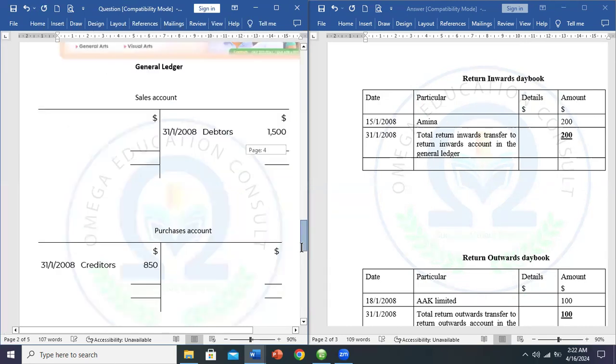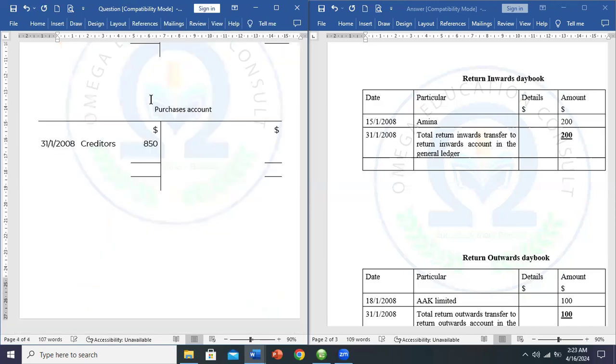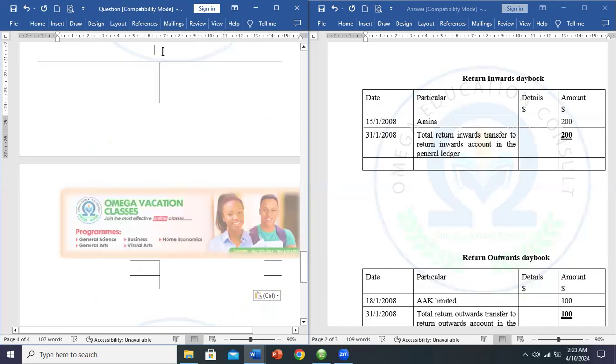So in my general ledger, I need an account for return invoice. And this time I'm supposed to debit return invoice.